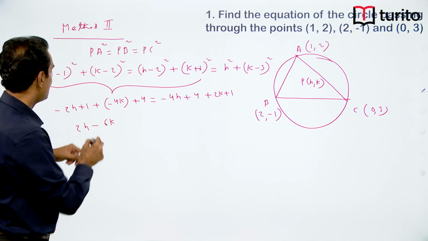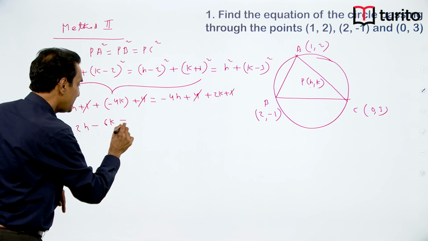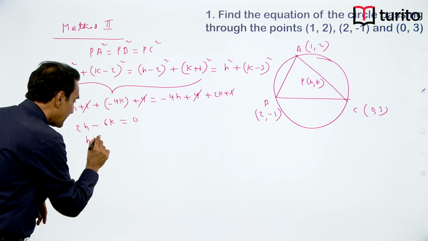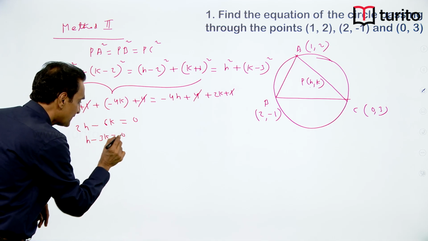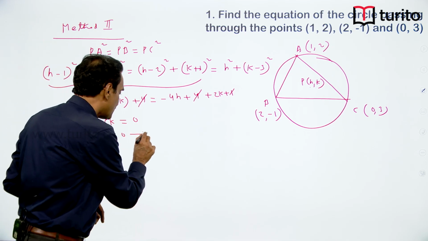Remaining constant is 1 plus 4 will cancel. So, 2h minus 6k is 0 or h minus 3k is 0. This is equation 1.